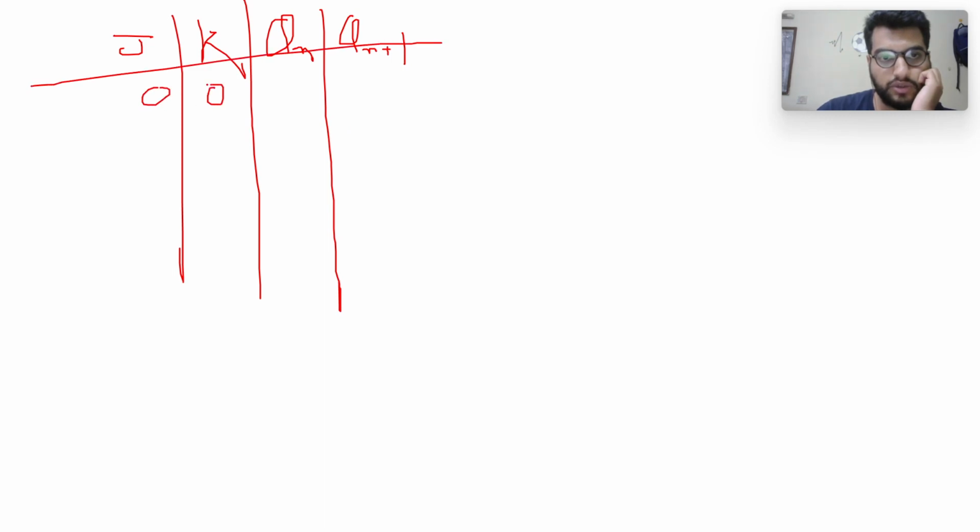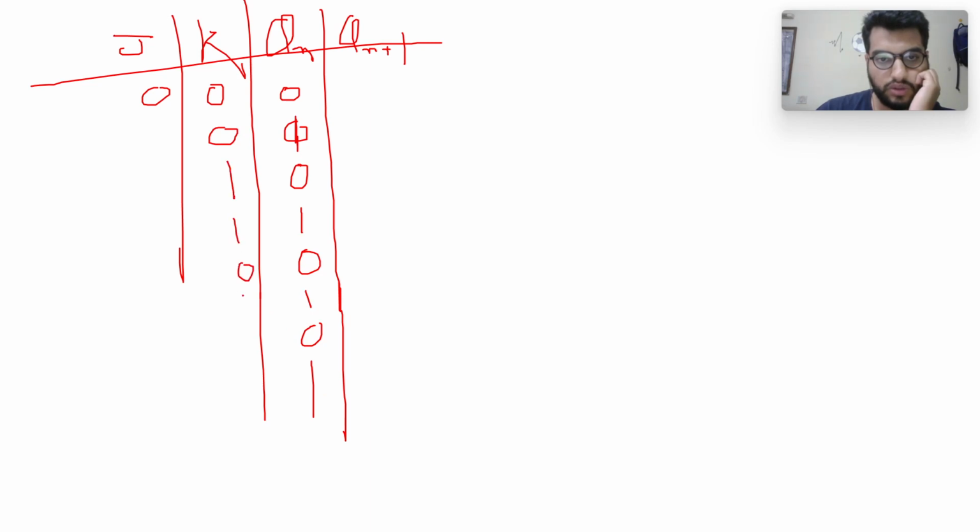0 0 0. Sorry, this is 1 1, 0 1, right? And here I have 0 0 1 1 0 0 1 1 and 0 0 0 1 1 1 1.